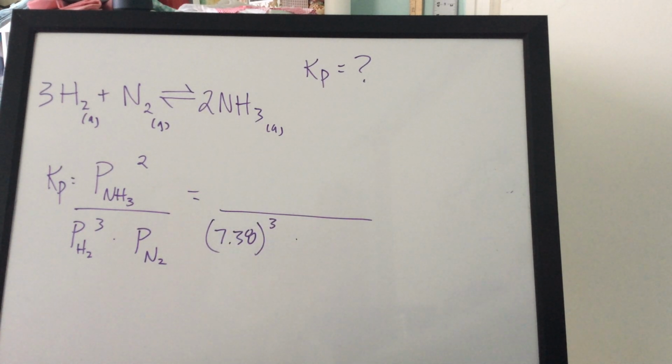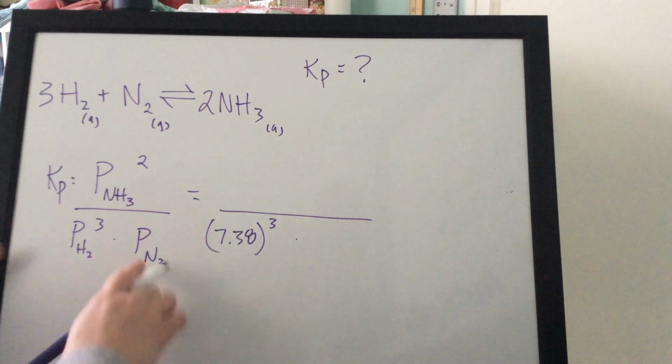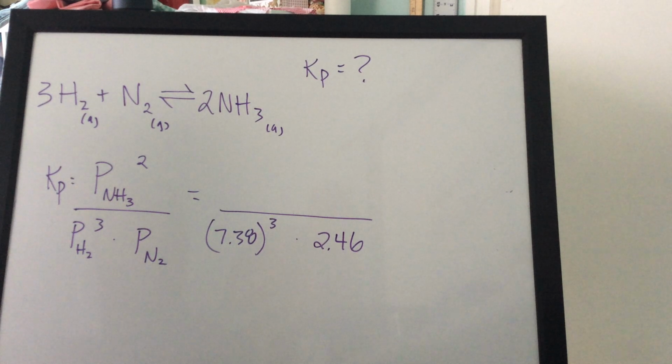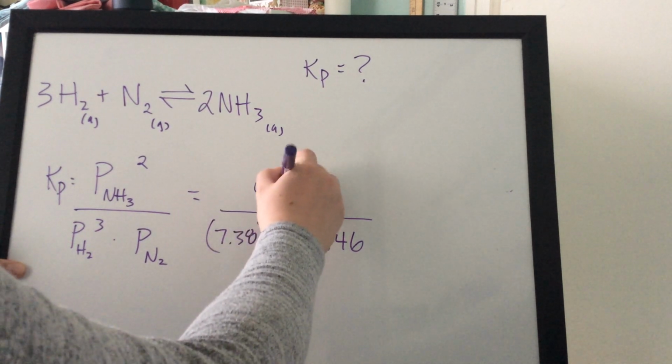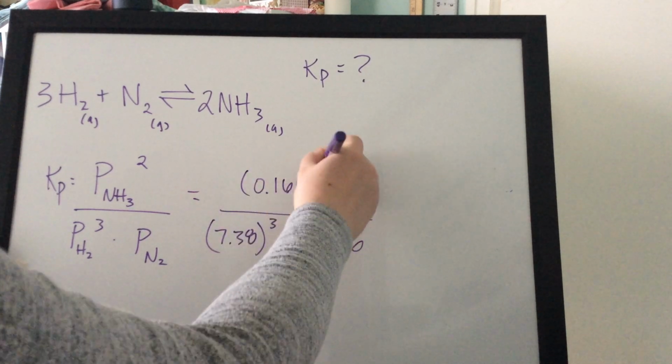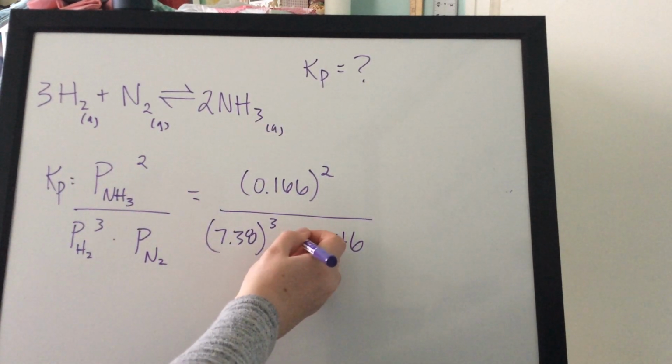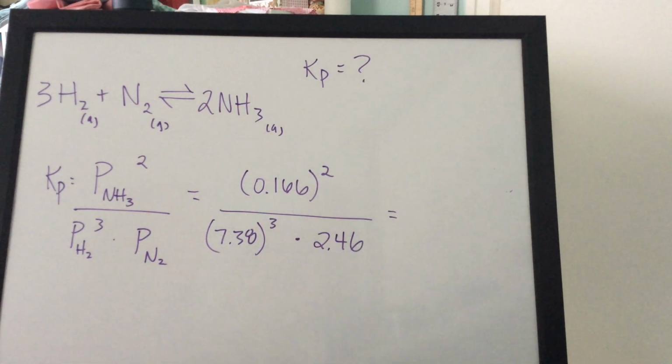They're actually unitless numbers. Okay, so 2.46 atm of N2, and 0.166 of the ammonia. So 0.166, don't forget to square it. All I have to do now is mathematically evaluate this with a calculator. And that's it. I have determined my value of Kp.